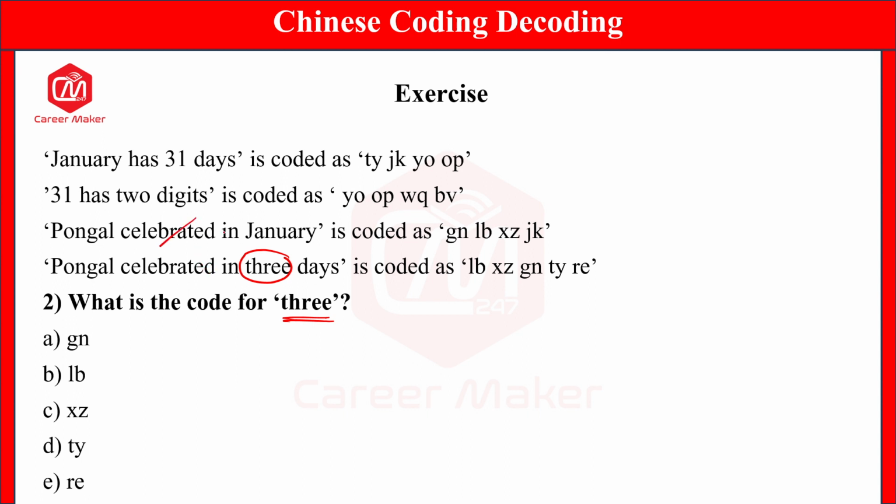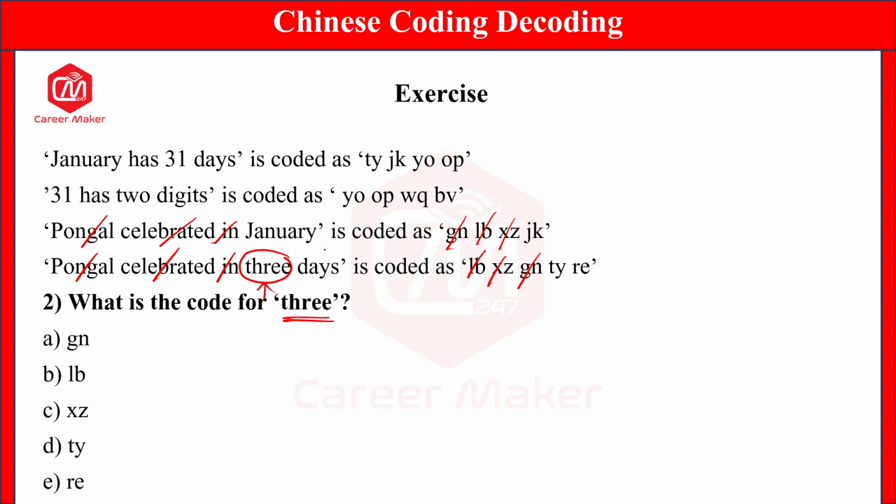As celebrated is written in these 2 lines, and Pongal also, obviously these 3 words written on the left side have codes on the right side as common elements, that is LB, LB, XZ, XZ, and GN, GN. These 3 words have these 3 codes, we don't know exactly which is the code of which. We don't even want to identify those codes because our focus is to find the code of 3. So we still have 2 words left, TY and RE.